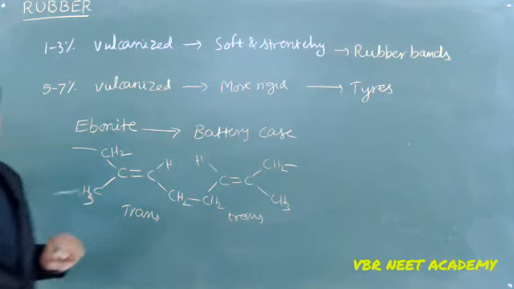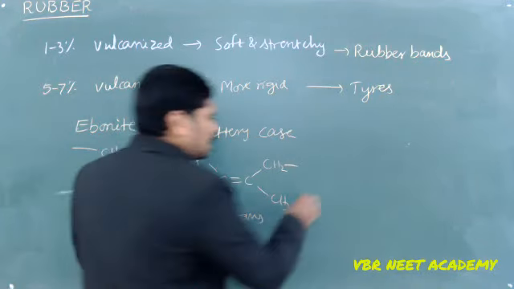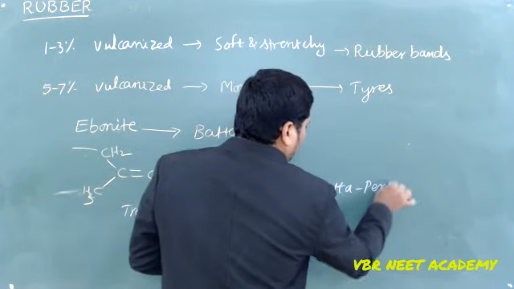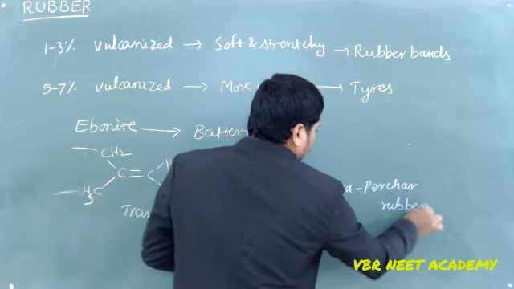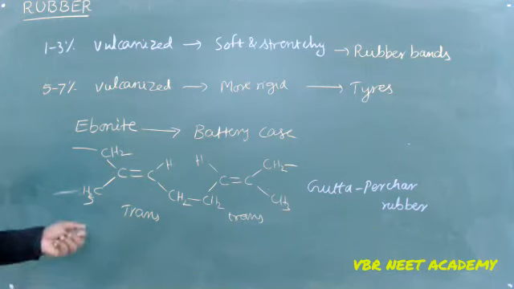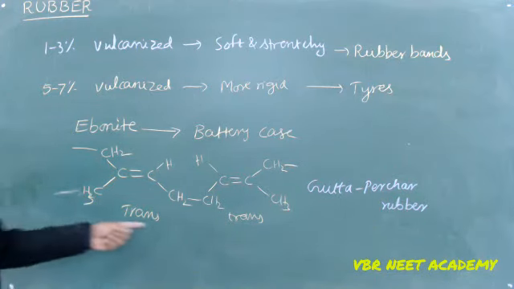So some part of your natural rubber can exist in trans form, which is called gutta percha rubber. What is gutta percha rubber? This is nothing but natural rubber which has a small segment existing in trans configuration.